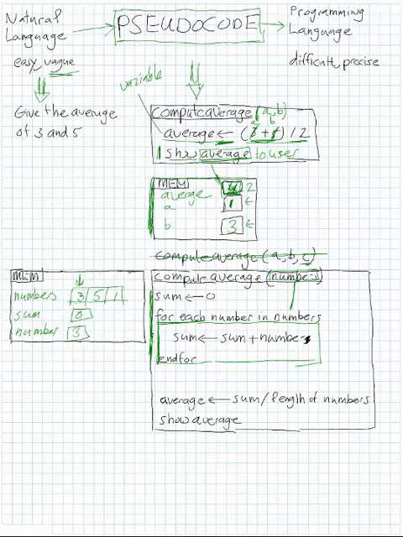And then we execute the statements between for each and end for, and what happens there, we see that we compute the sum of the variable sum and number. Sum plus number, well, sum is 0, number is 3, so that's 3.